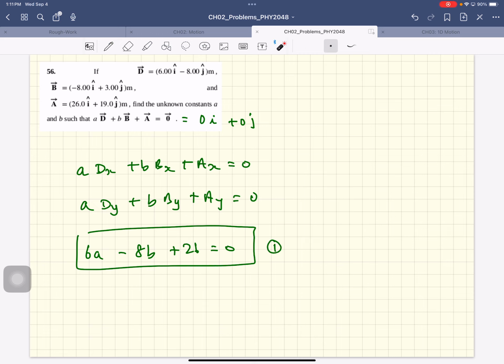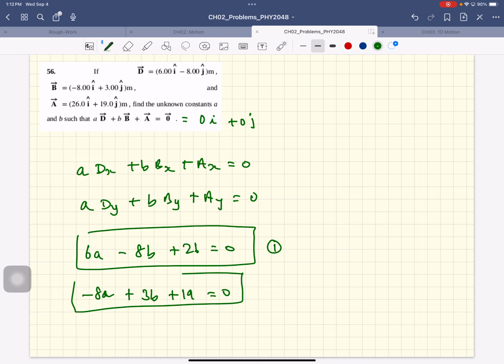And dy is minus 8a, by is 3, plus 3. All right, now you know how to solve this.